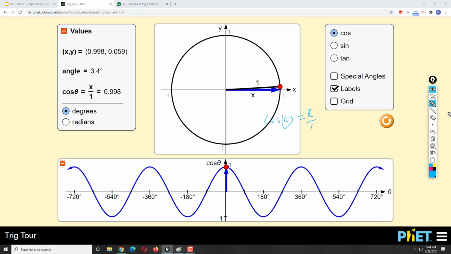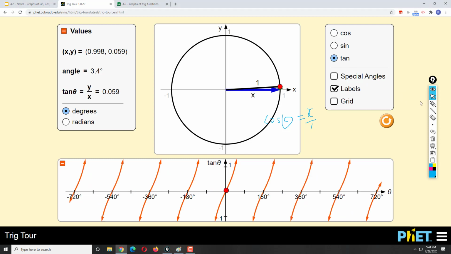Finally, tangent. With tangent, let's use orange. Tangent is opposite over adjacent, which is y over x in this example. When theta is 0, y is 0 and x is 1.